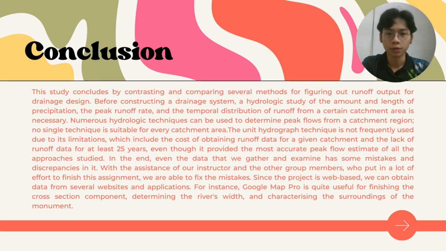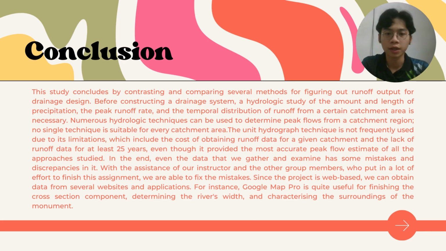Lastly, conclusion. This study concludes by contrasting and comparing several methods for figuring out runoff output for drainage design. Before constructing a drainage system, a hydraulic study of the amount and length of precipitation, the peak runoff rate, and the temporal distribution of runoff from a certain catchment area is necessary.